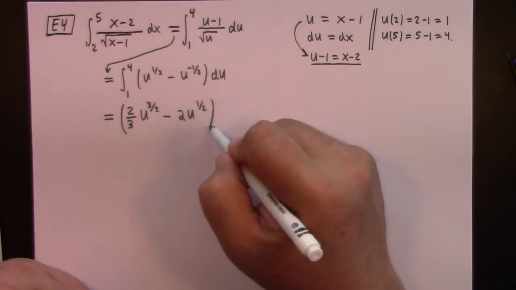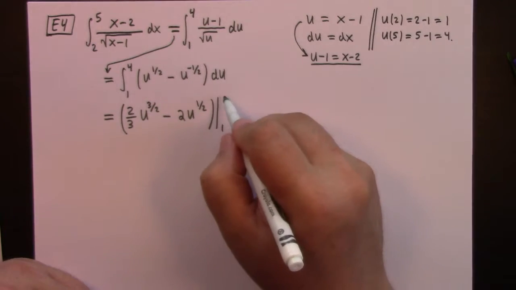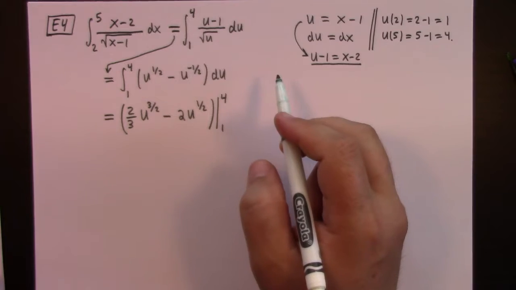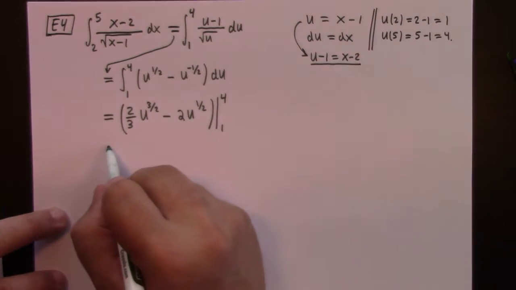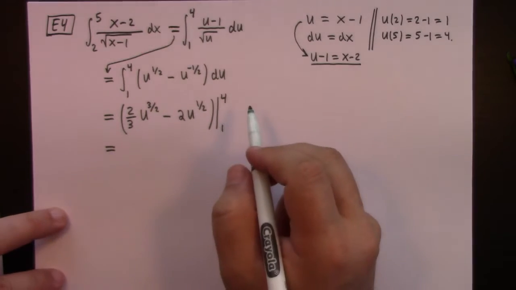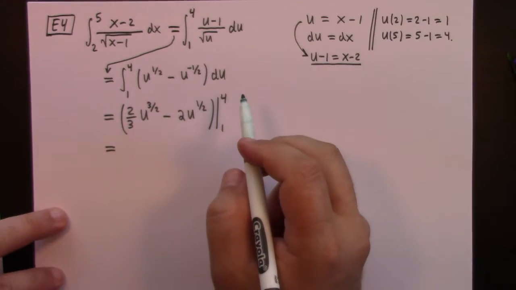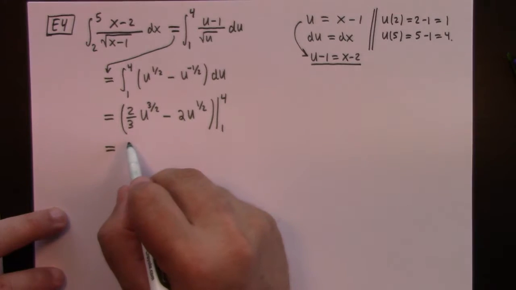And all of that has to be evaluated from 1 to 4. So very convenient that in the u variable, these are perfect squares. It's almost like this is a book problem, which I just copied out of a book, and it has nice arithmetic. Oh, wait a minute, it's exactly like that, actually.